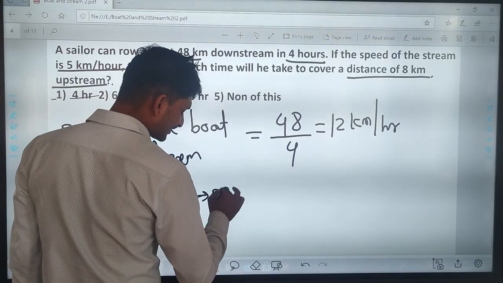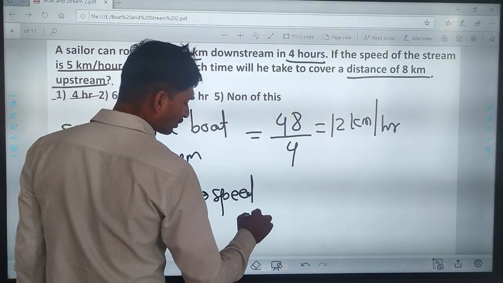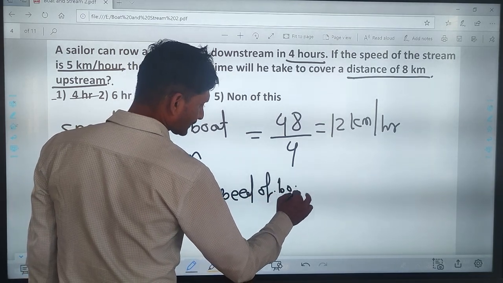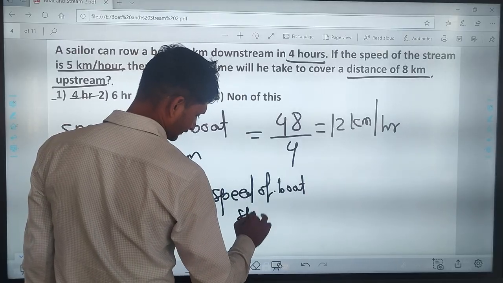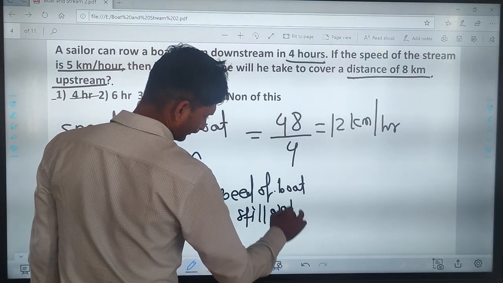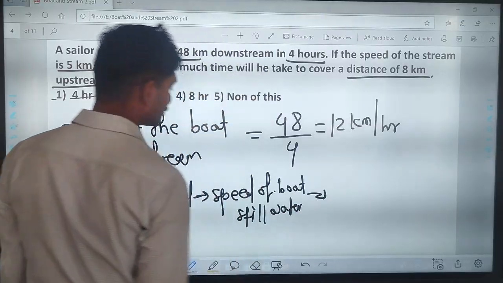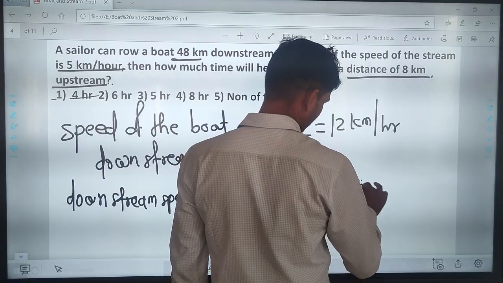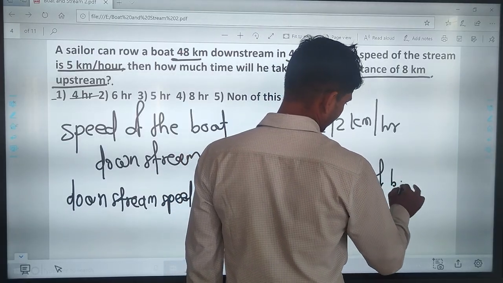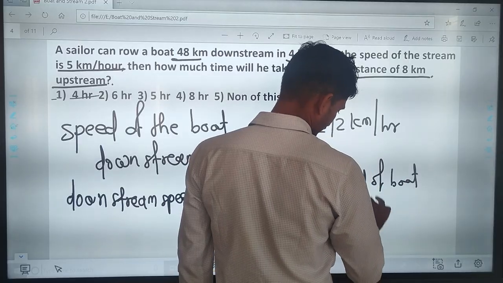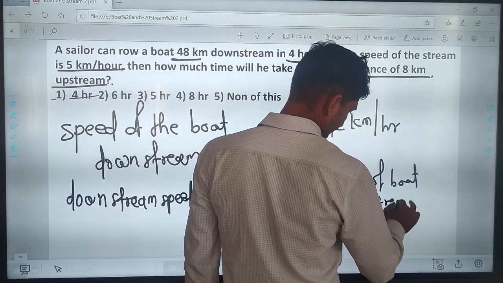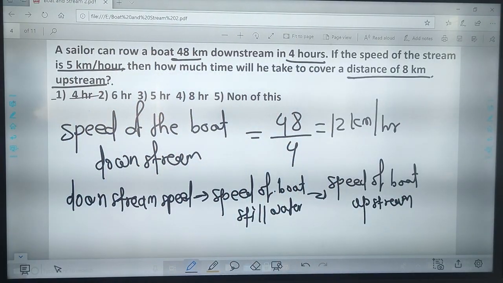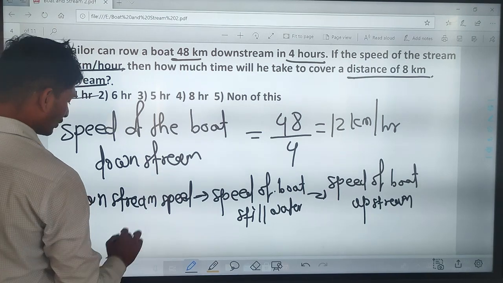speed of boat in still water, and speed of boat upstream. Here the downstream speed is 12 km per hour.